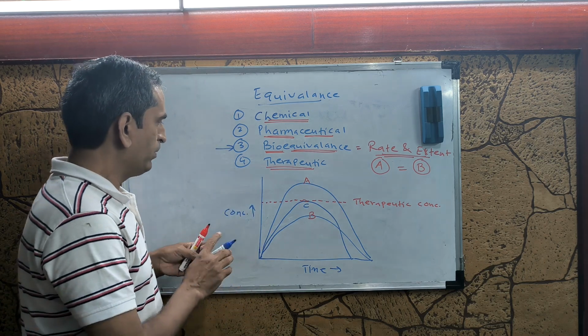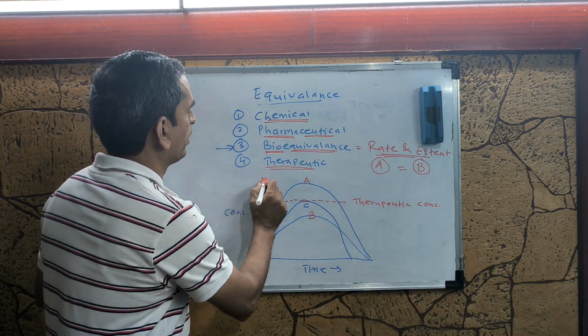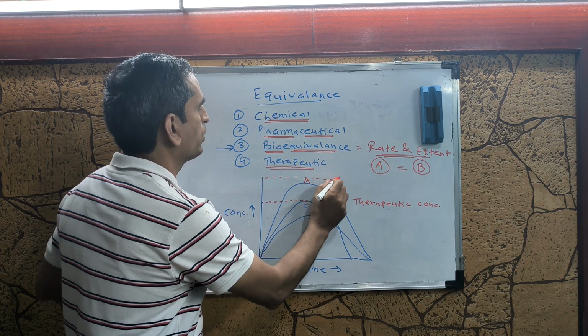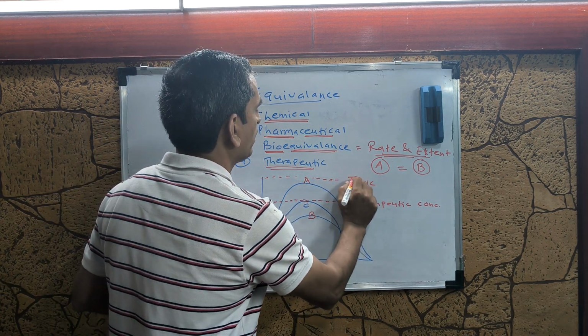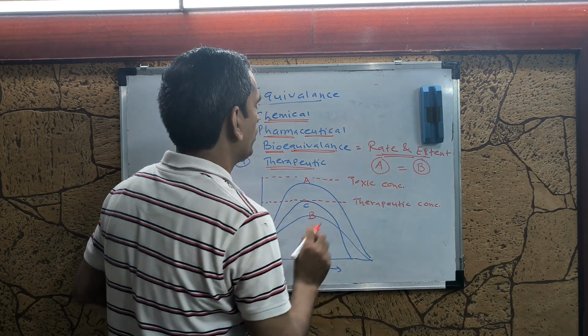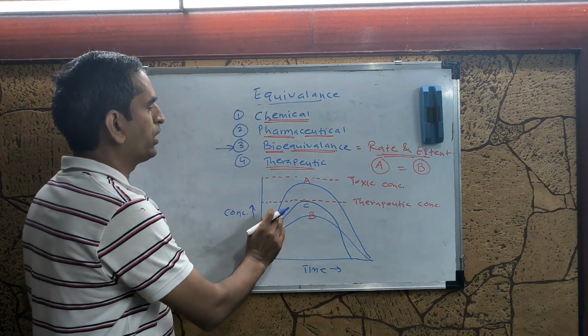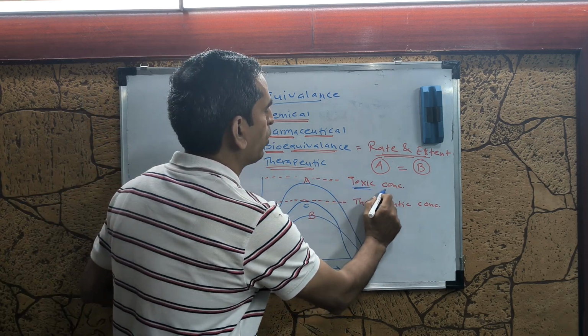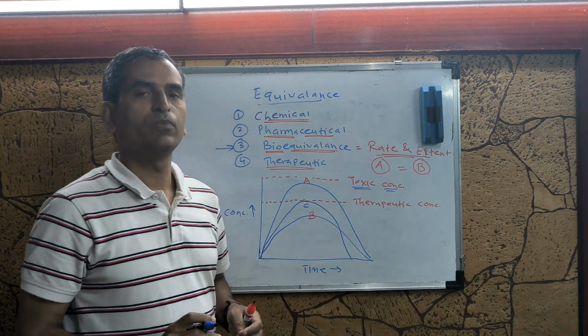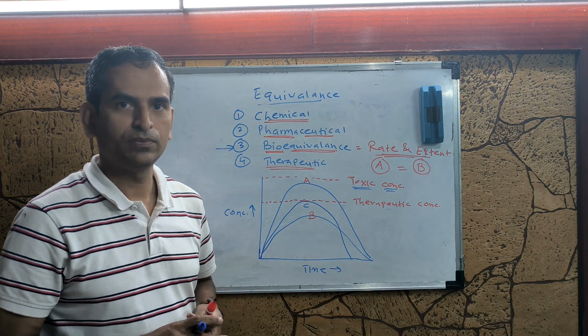Now it may happen that the drug has a certain concentration here, which is called the toxic concentration, which means if the concentration goes beyond this dotted line, which is red, the drug would be called toxic and it will cause toxic adverse events.